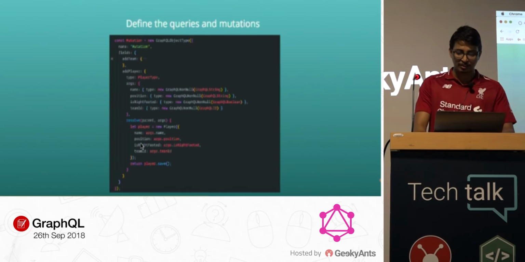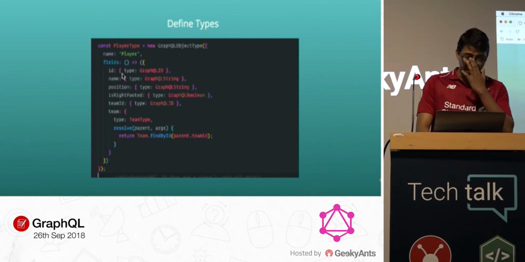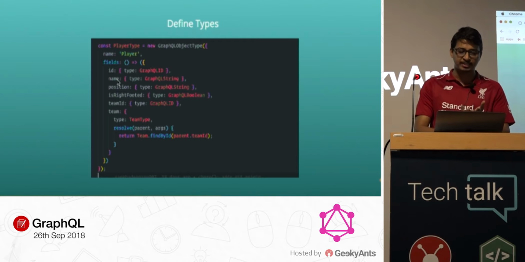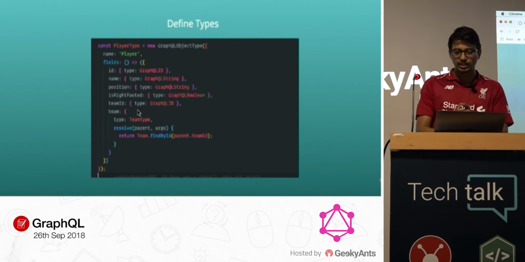But yeah, if you see, we have player type here, but we have not defined the types yet. So this is something we should actually do before we define the queries and mutation. So let's see how player type looks like. So here it is. The player has an ID, a name, a position, and it also has a team ID.